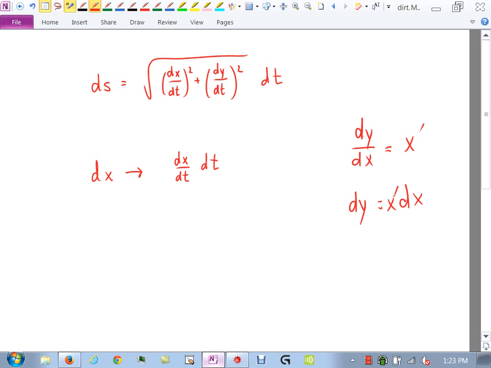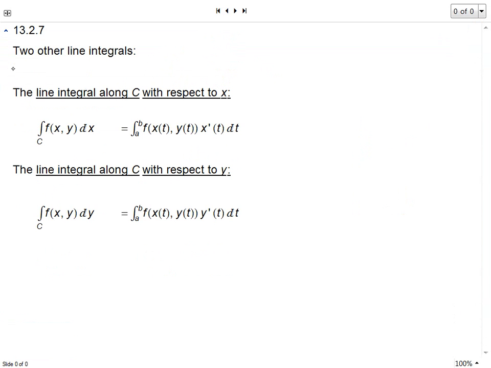Because the derivative of y with respect to t would then be 0, and this formula becomes the square root of dx dt squared, which just becomes x prime t. So when we do a line integral with respect to x, we're imagining that y is a constant function, and the line integral over C becomes this.